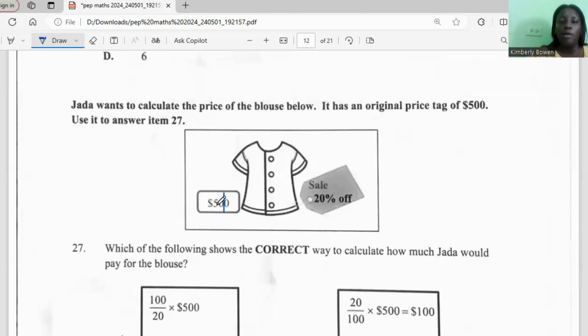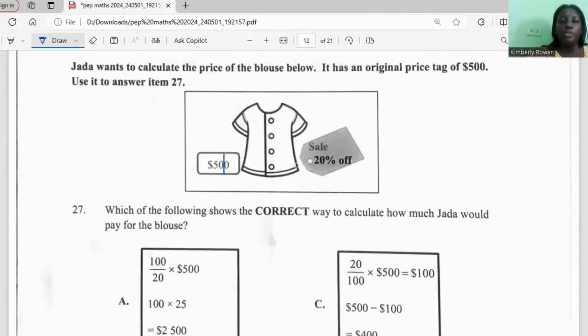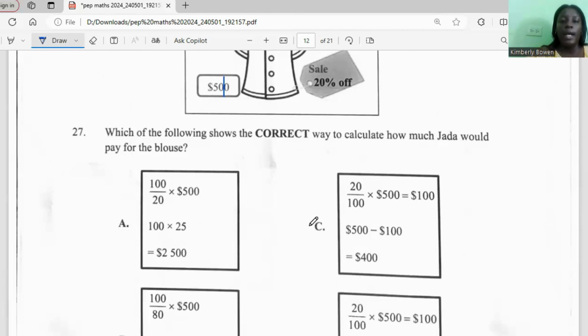So 10% of 500 is 50, and we'll just double that to get 20%, which is 100. So the correct answer is, which of the following shows the correct way to calculate how much Jada would pay for the blouse? The correct answer is C. Because we'll find 100, which is the percentage, and this is the working out. I did it the shorter way. And then we subtract 100 from the original price, and then we get the sale price, which is 400.